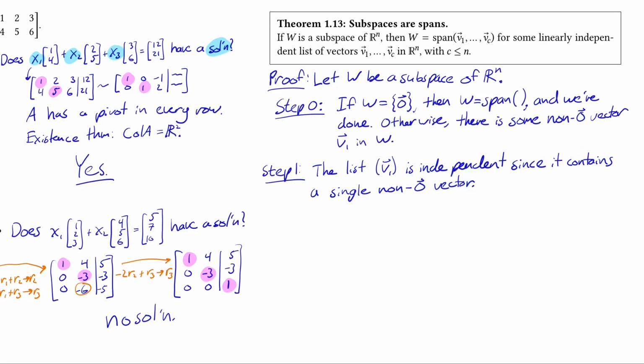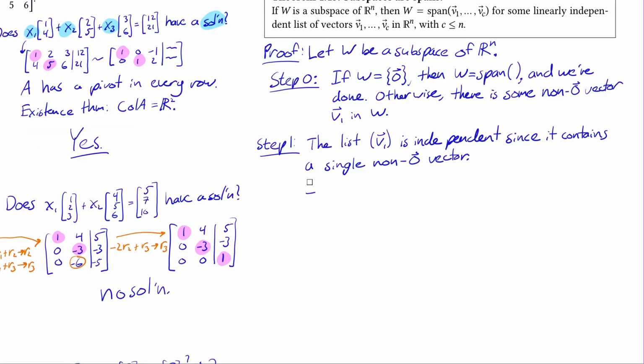So it might be the case that W is just equal to the span of v1. In that case, we're done. We found a list that is linearly independent and spans W.